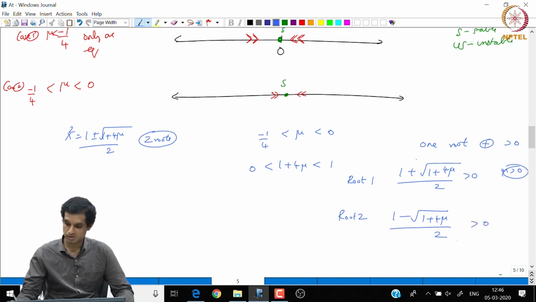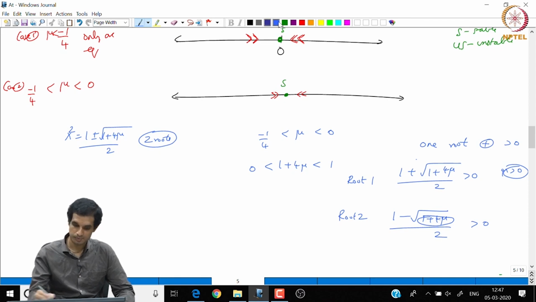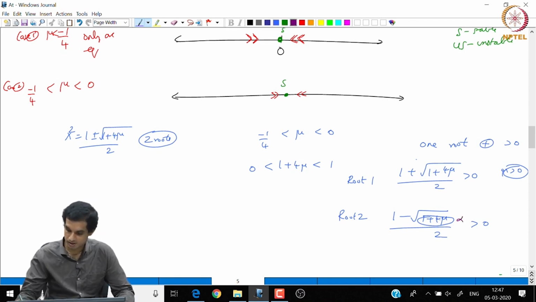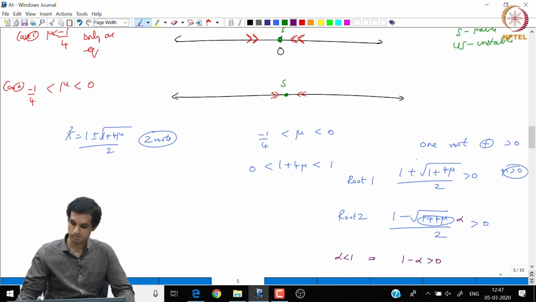This root is also positive, right, because this root quantity is less than 1, so let us call it alpha. If alpha is less than 1, we will have 1 minus alpha positive. So, this 1 minus alpha by 2 will also be positive.